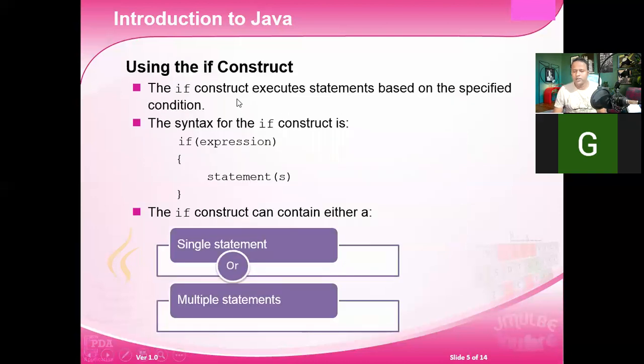In the if construct, the statement is executed based upon the specified condition. If your condition is true, then the statement within the if block is executed. In a simple if, first you have to pass a condition.